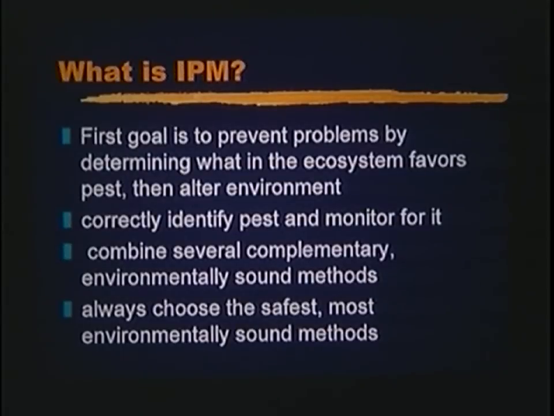In integrated pest management, the integrating part is integrating a number of different kinds of pest control methods together. Pesticides are generally the last resort in an integrated pest management program. The first resort is trying to prevent the problem in the first place, perhaps with resistant varieties, planting plants in places where they're less likely to have problems, sometimes putting some kind of covers over seedlings.